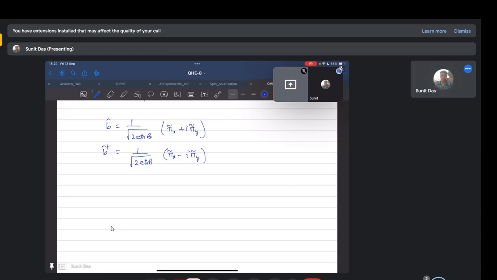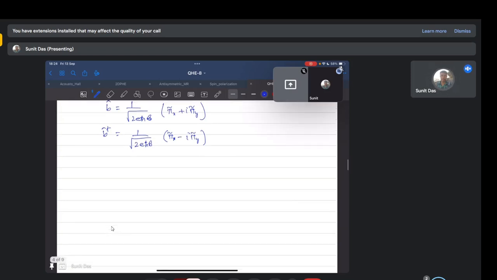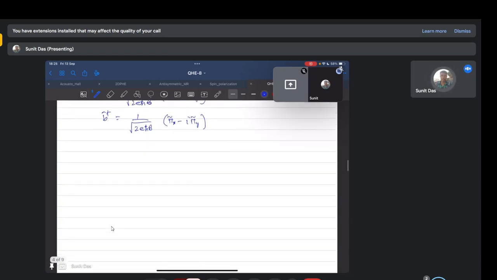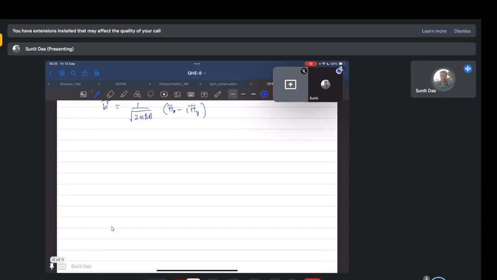Okay. Now we can say that the commutation relation of B and B dagger is also going to give 1, similar to what A and A dagger gave. So we had the commutator of A and A dagger equal to 1. So let's evaluate what B and B dagger is.